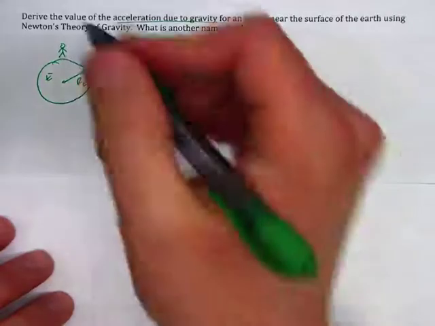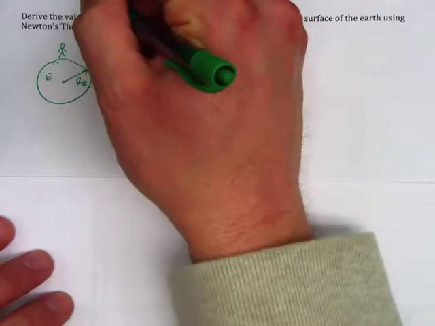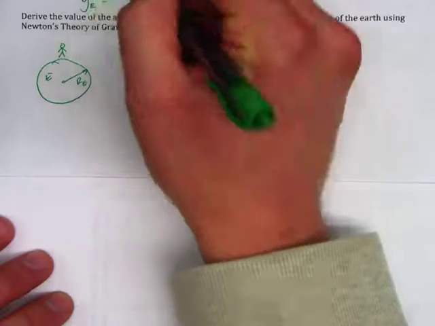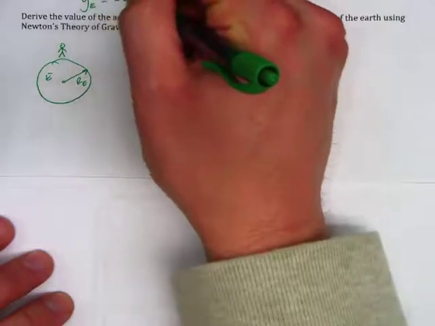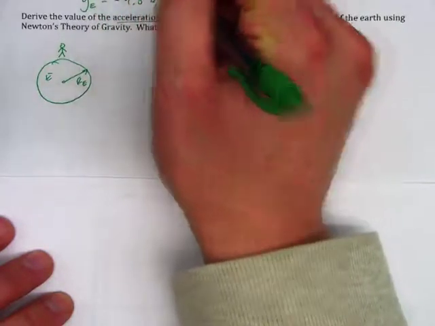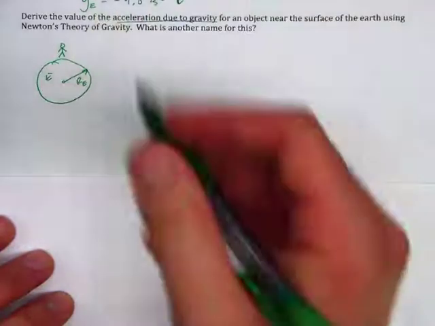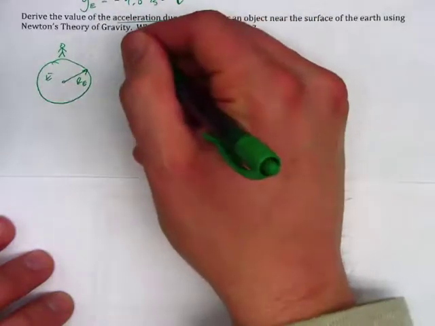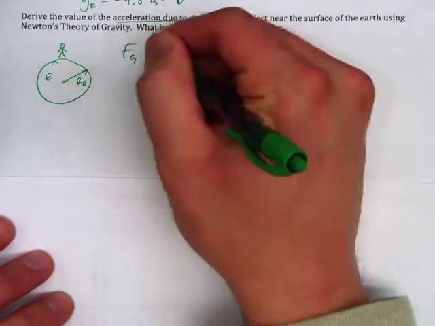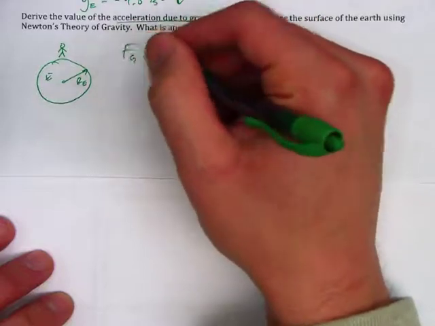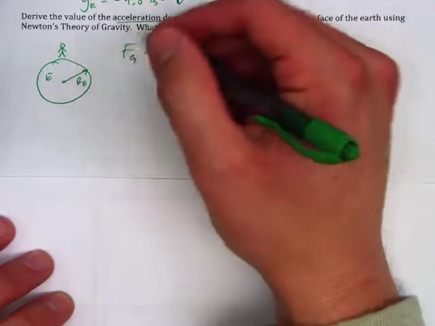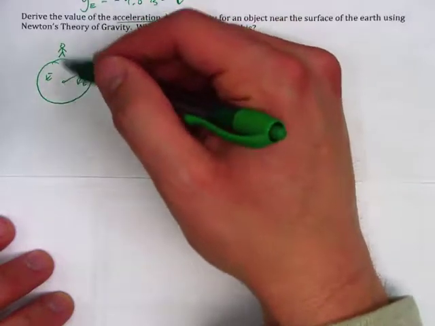So we know based on observation that g on the Earth's surface is about negative 9.8 meters per second squared, downward towards the surface of the Earth. So if we start with the universal law of gravitation, and we want to ask what's the force of gravity between the Earth and someone standing near the Earth?